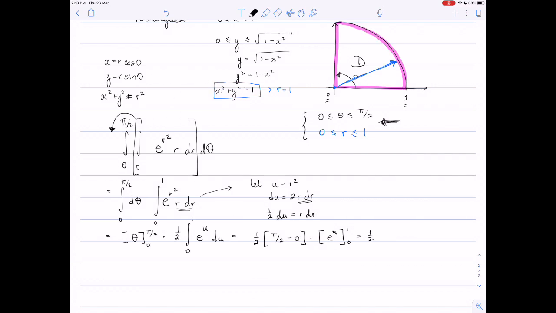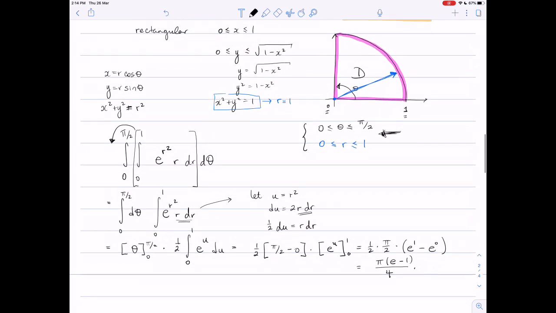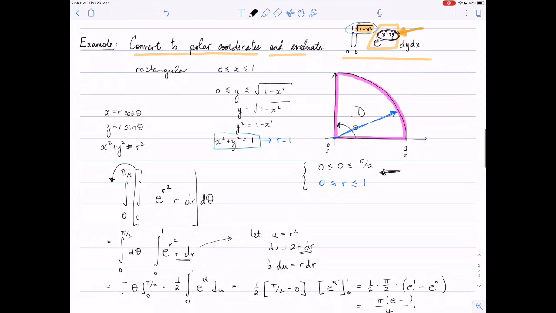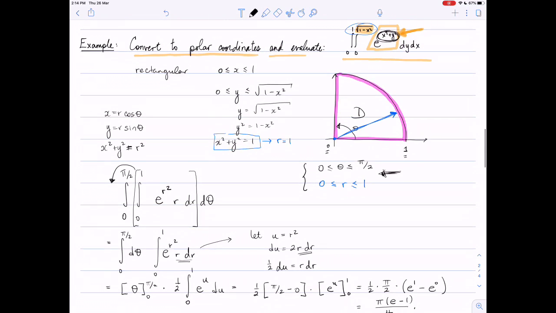So 1/2, the first bracket just gives me pi over 2. The second bracket gives me e to the 1 minus e to the 0. So if we calculate this and clean it up a little bit, pi times (e minus 1) over 4. Nice, simple, beautiful integral to evaluate from something that was horrible before.